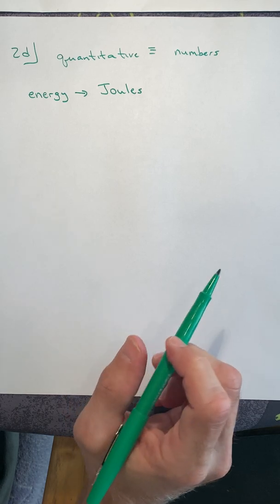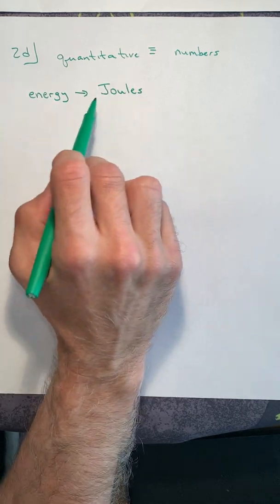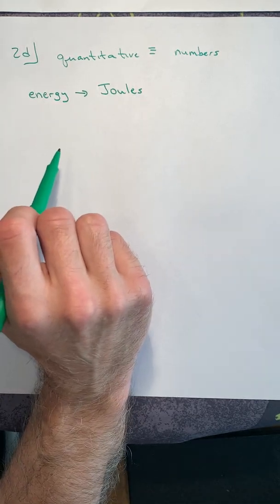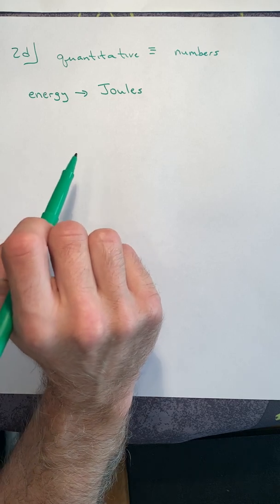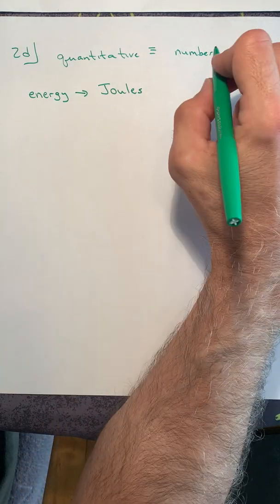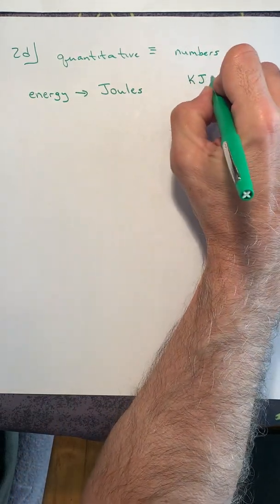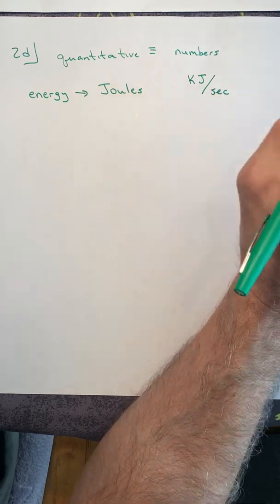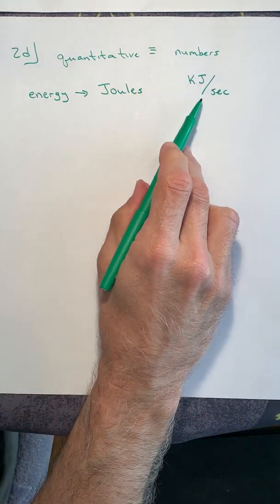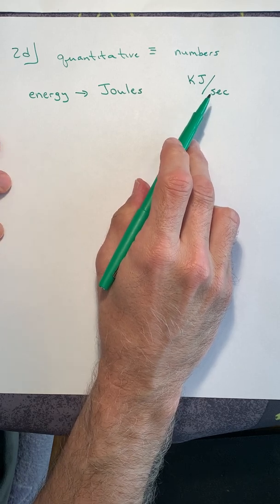So there was a physicist named Joule, his last name, and so in honor of the work that he did in physics, late 1800s, early 1900s, they named the energy unit after him. And how we actually do this is it's kilojoules, or thousands of joules, per second. That's the energy unit for food webs and food chains.